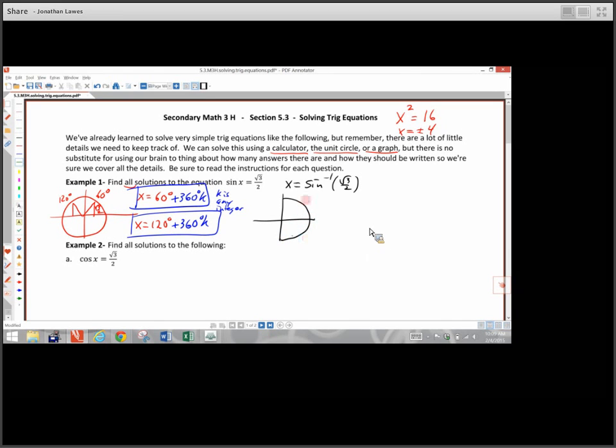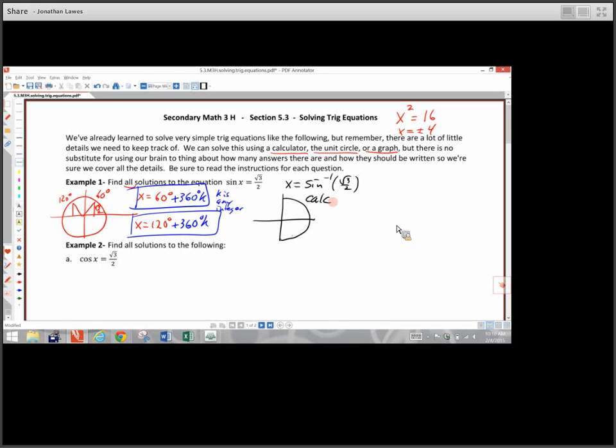Your calculator will give you these answers. You need to use your brain to figure these out. So here's what the calculator said on this one right here. The calculator says that an answer that comes from this right here is 60 degrees.